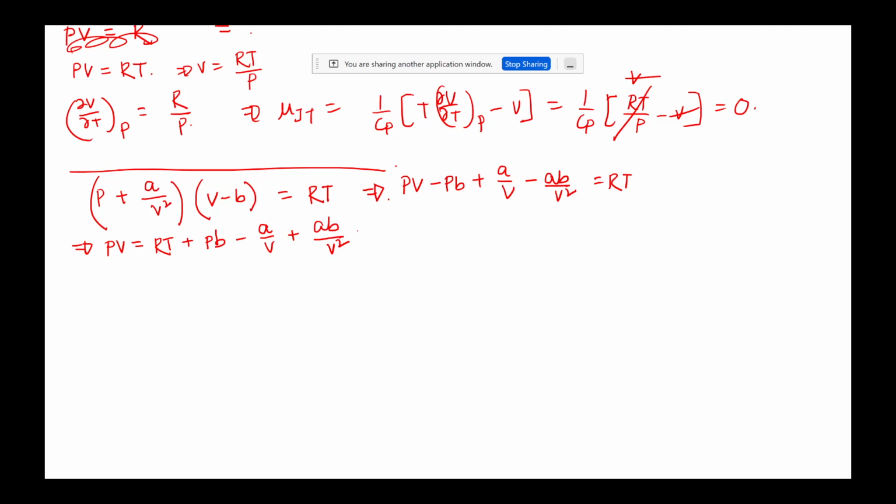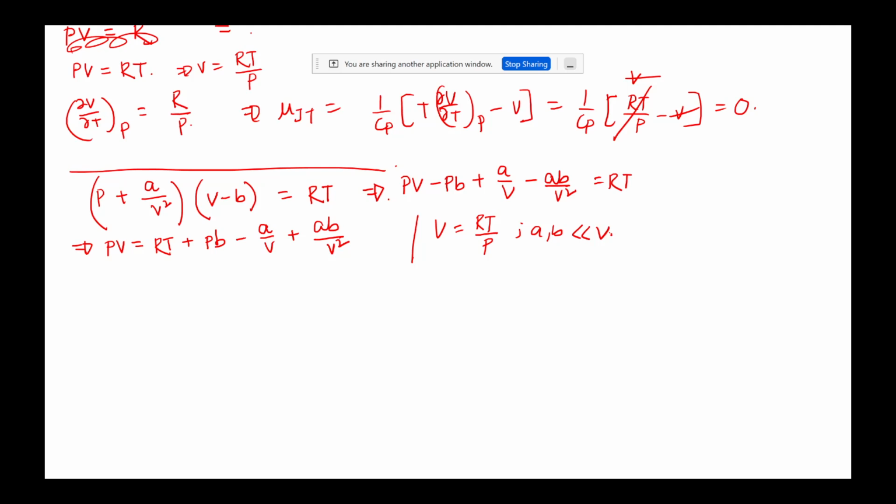Now we do one trick: replace this V by RT by P. We can do this because A and B are very small compared to V. Replacing V with the ideal value RT by P will not change much, since we are only looking at the change due to interactions. It is an approximation.